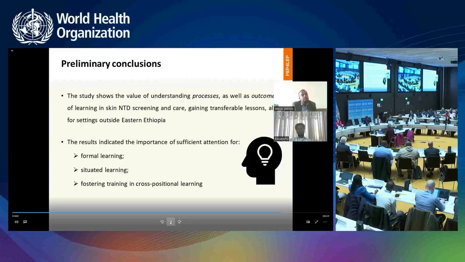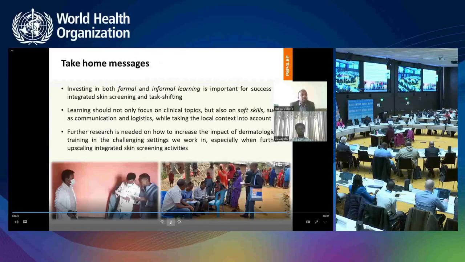Even other parts of Africa or the other parts of the world may also consider this issue. This is the conclusion of the study. And the results indicated the importance of sufficient attention to formal learning, situated learning, and fostering training in cross-positional learning. Very important. Here are some take-home messages.